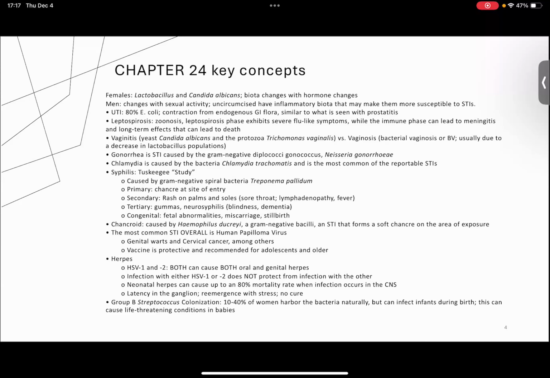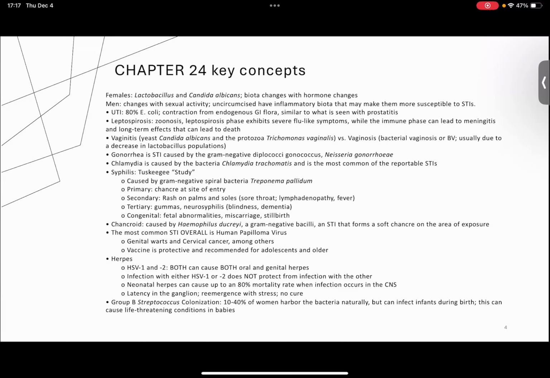So that would be unrelated to a sexually transmitted infection. But if you get vaginitis as a result of Trichomonas vaginalis, which is a sexually transmitted protozoal infection, then that is a sexually transmitted form of vaginitis. So those are the two main causes of vaginitis.